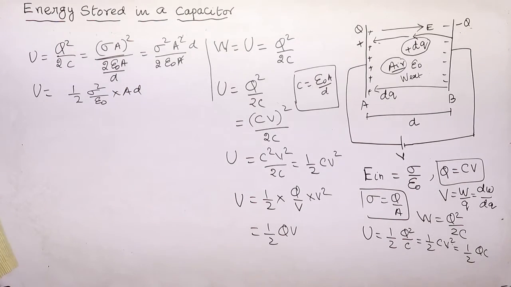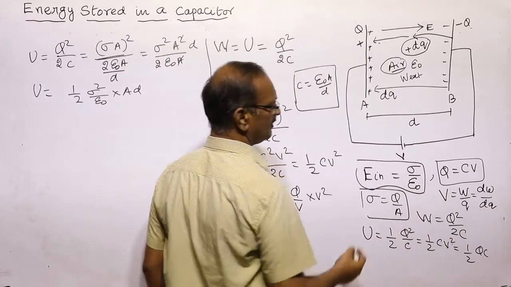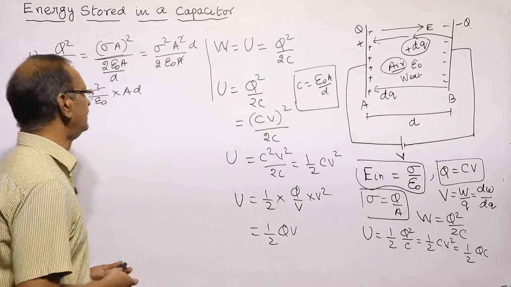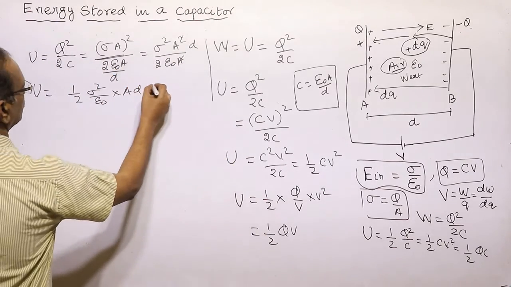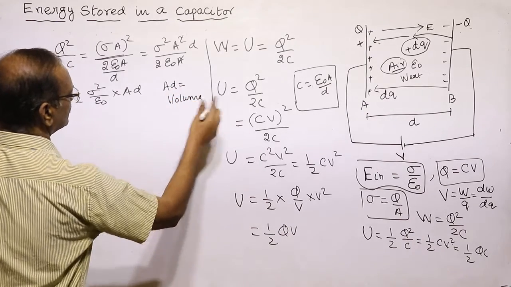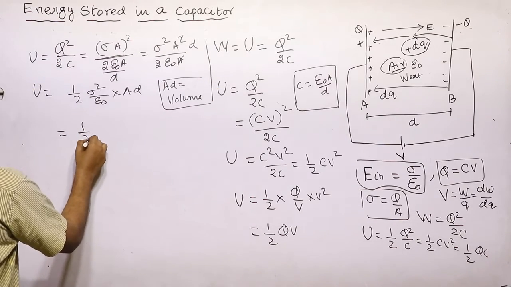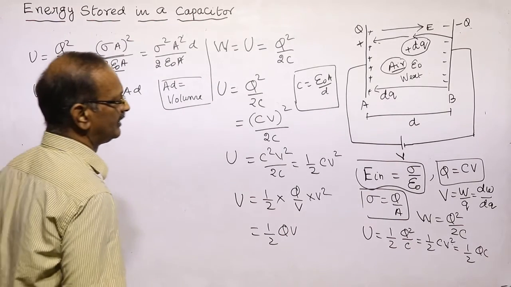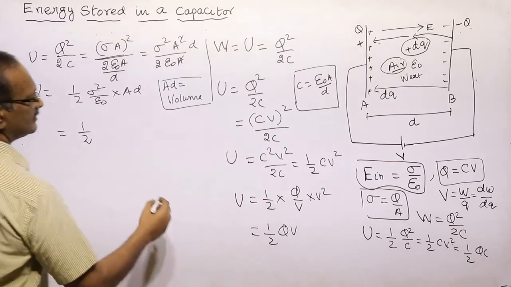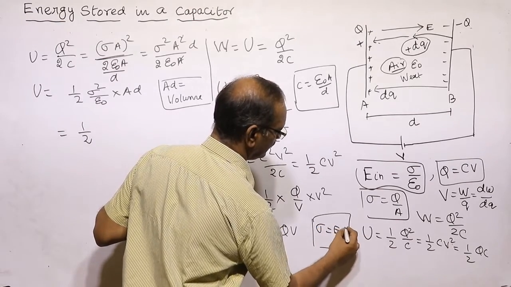So sigma square by epsilon naught, and we know the electric field inside is equal to what? Simple. We are not doing anything new, only manipulating the formula. A into D is equal to the volume between the capacitor plates. So U is equal to half into sigma square. In place of sigma, we can write E into epsilon naught, because sigma is equal to E into epsilon naught.